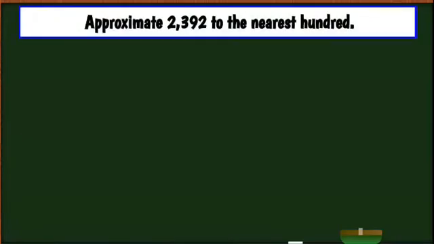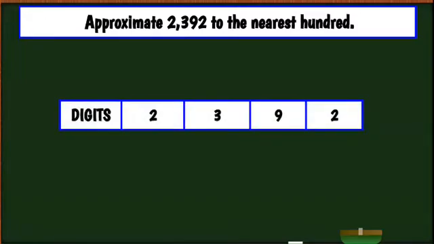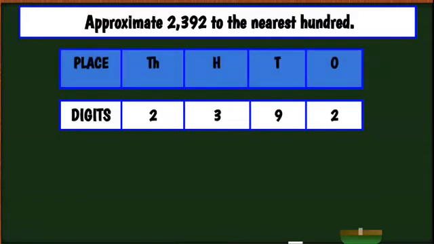Approximate 2,392 to the nearest hundred. So again, we have a number with digits, and our place value for each digit. So we find our number in the hundreds position, and we find our number in the tens position.